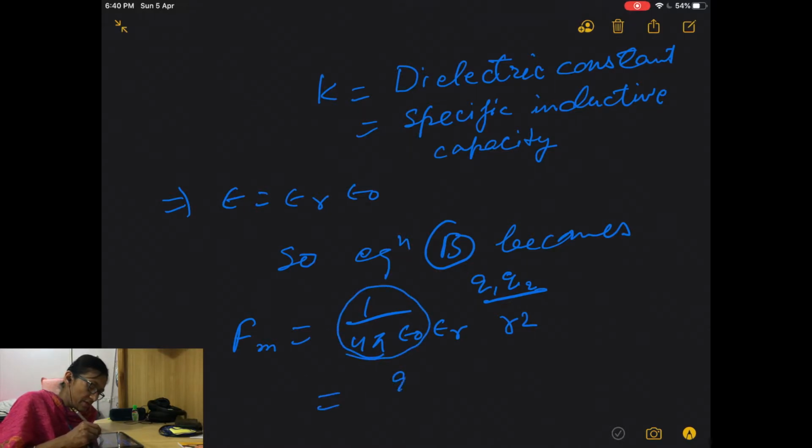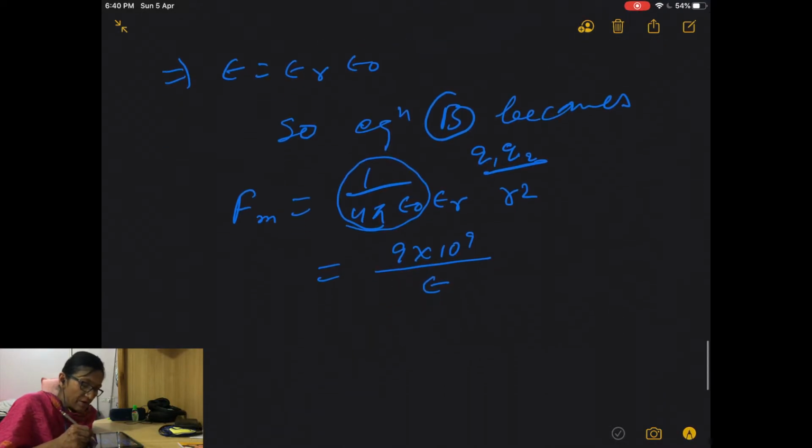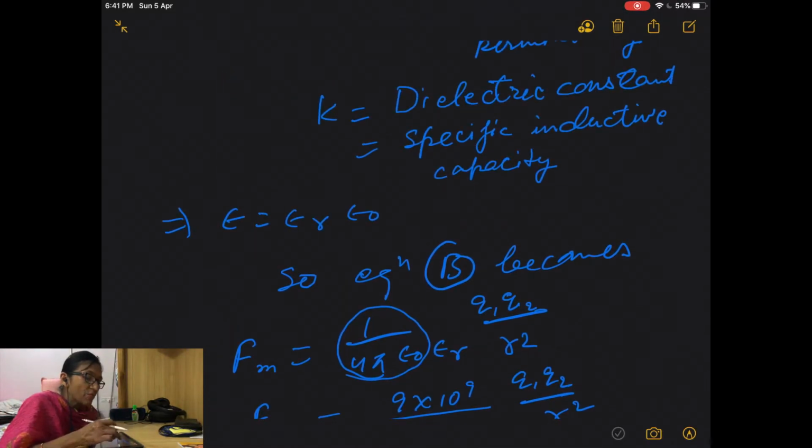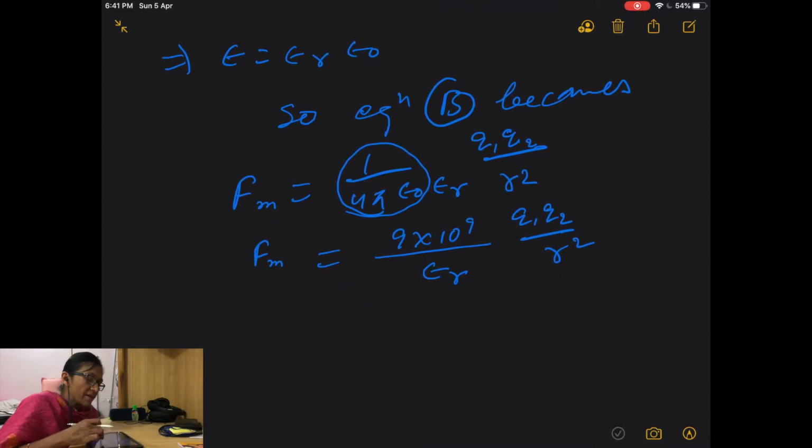The term 1 by 4 pi epsilon naught has the value nearly 9 into 10 power 9, and this is divided by epsilon r, times q1 q2 by r square. And the relative permittivity of water is 80. Dielectric constant of water is equal to 80.